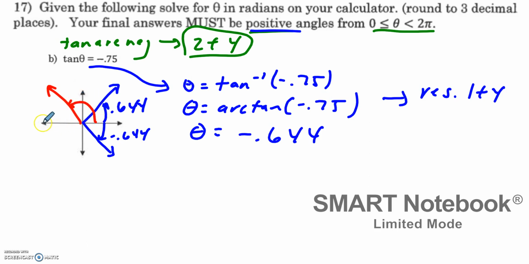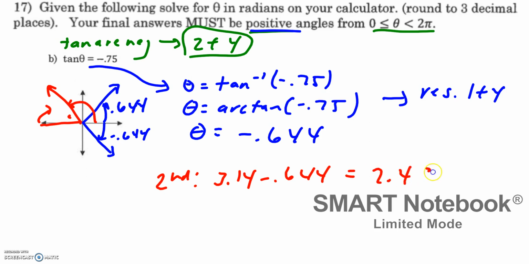It is not quite reaching 3.14 yet. So we would have 3.14 minus this little reference angle, which is 0.644. So my second quadrant answer is pi, 3.14, minus the reference angle of 0.644, and that would really be 2.496.